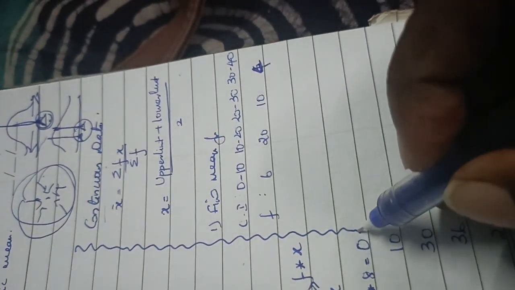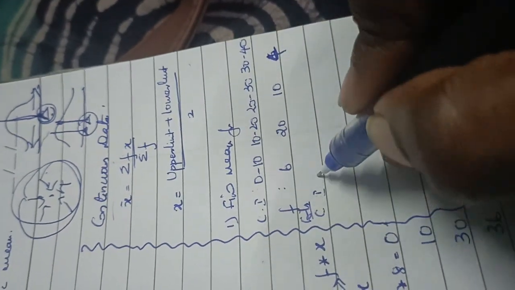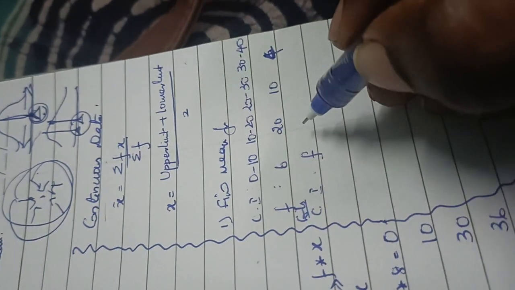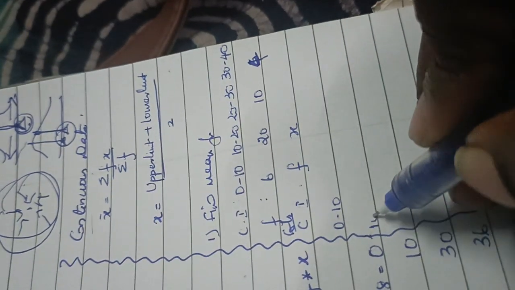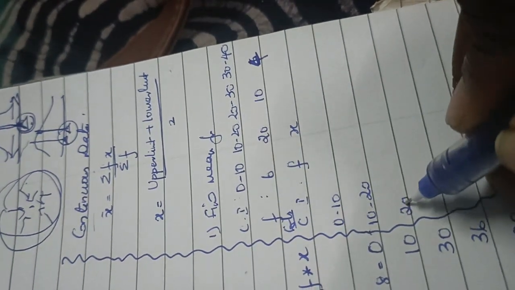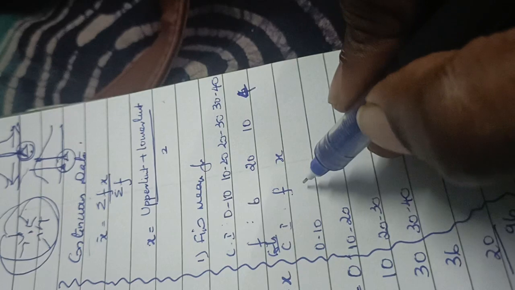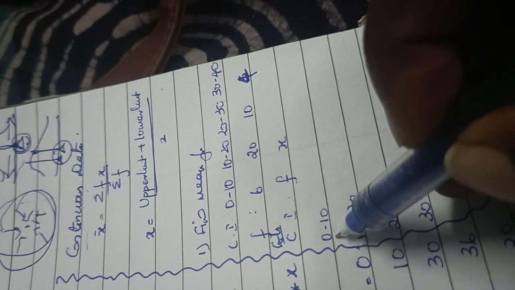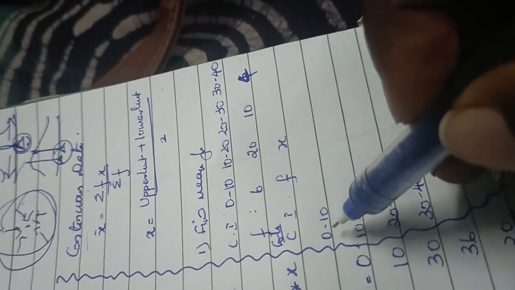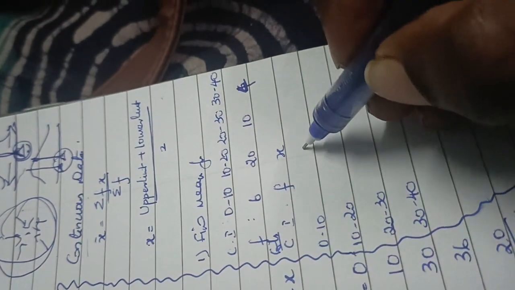Now my problem begins because there is no x here, only class interval and frequency, right? So I need to calculate x. First I'm going to write my class interval, and then I'm going to find x. How do I find x? Upper limit is this, lower limit is this. So 10 plus 0 is 10, divided by 2, 10 divided by 2 is 5.